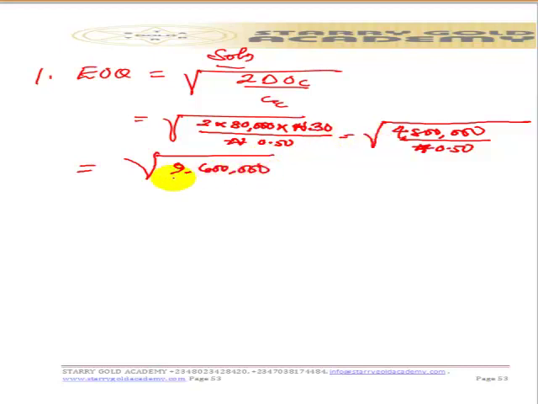So if we're going to find the square root of 9,600,000, let's use our calculator.